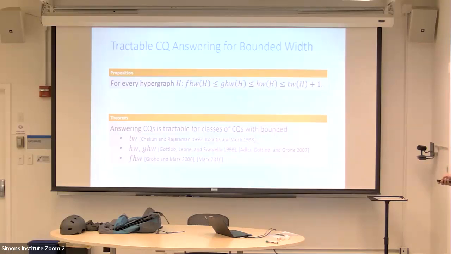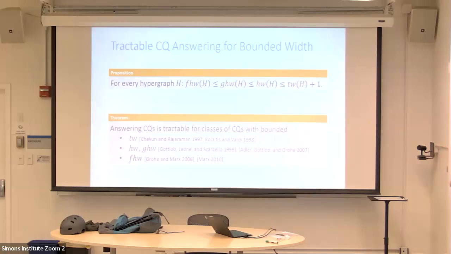Okay, and so we get these results which tell us that conjunctive query answering becomes tractable if it's done over a class of conjunctive queries that has bounded tree width, bounded hypertree width, bounded generalized hypertree width, bounded fractional hypertree width.